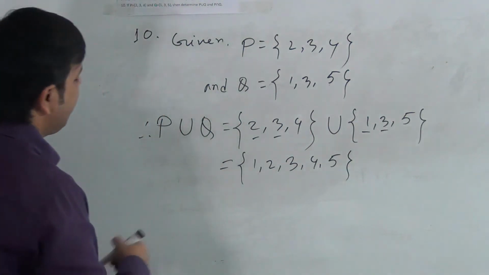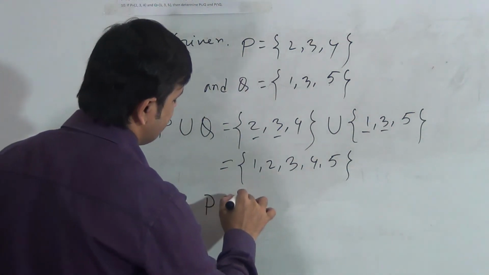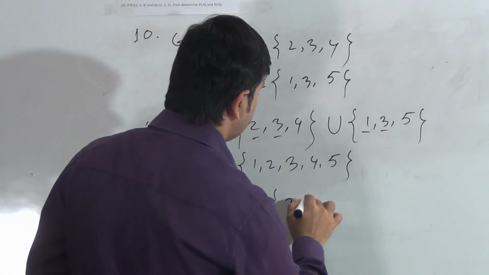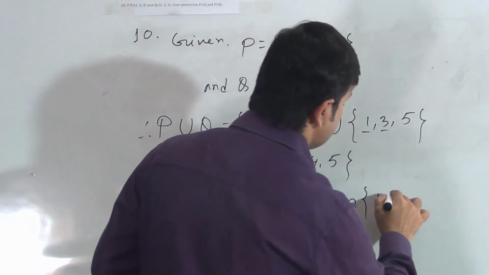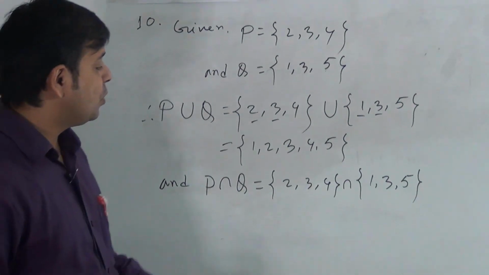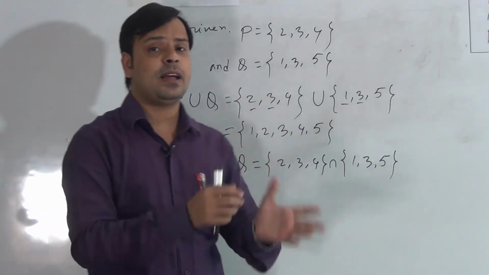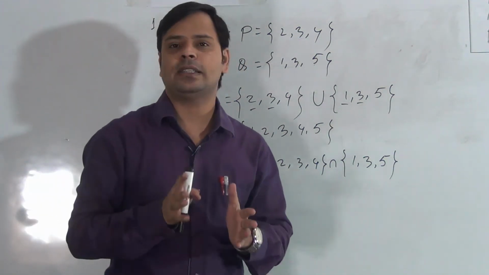Now P intersection Q. Write P, 2, 3, 4, intersection Q, 1, 3, 5. Now we have to do the intersection operation here. Dear students, you have done the HCF. HCF means you just take the common factors.